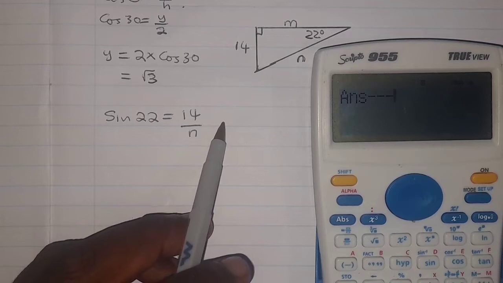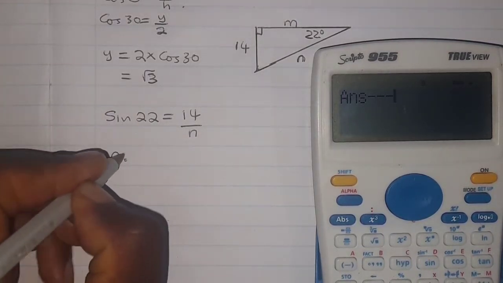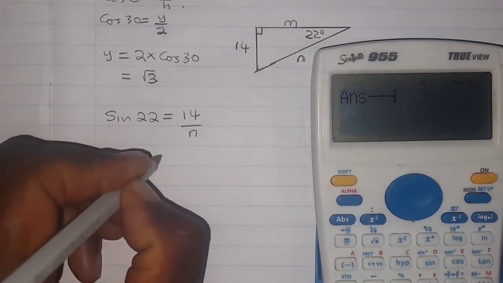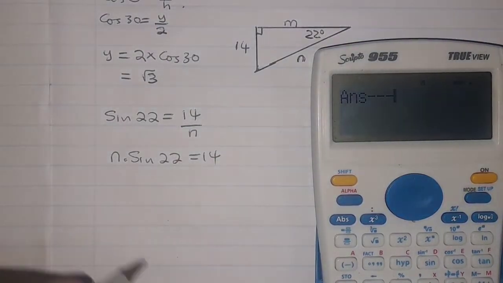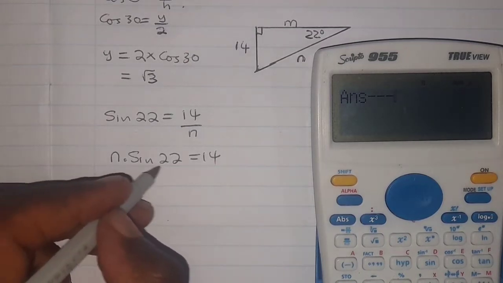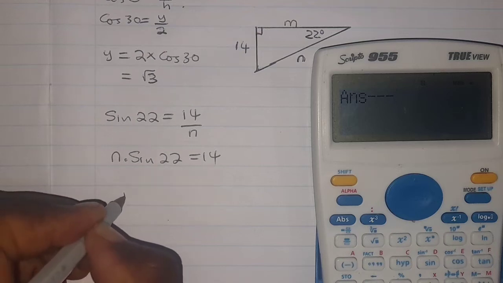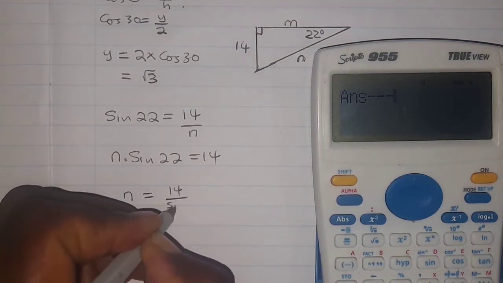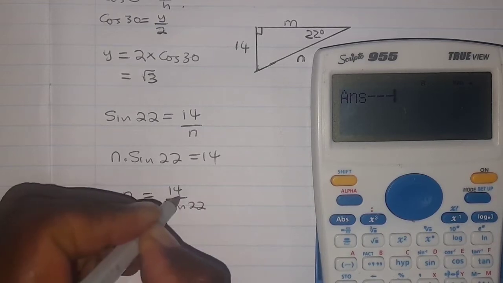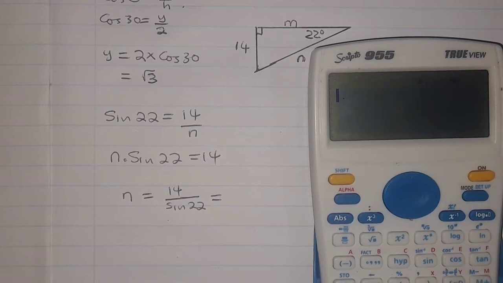So the first step is to multiply both sides by N. You are going to have N multiplied by sine 22 is equal to 14, and then you divide both sides by sine 22. Then you are going to have N is equal to 14 divided by sine 22, and this is going to be equal to what?